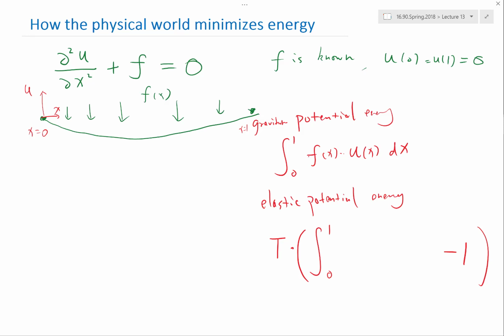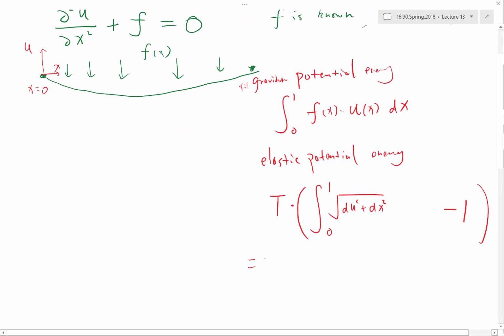The square root of du squared plus dx squared. So if I pull it out, it'll be tension times the integral of dx times the square root of du over dx squared plus 1.